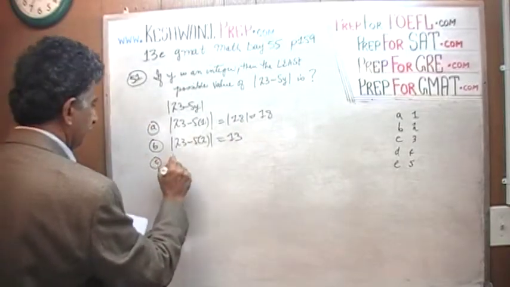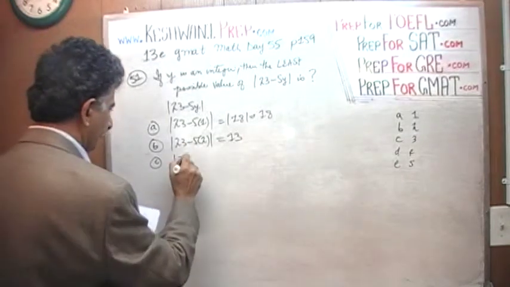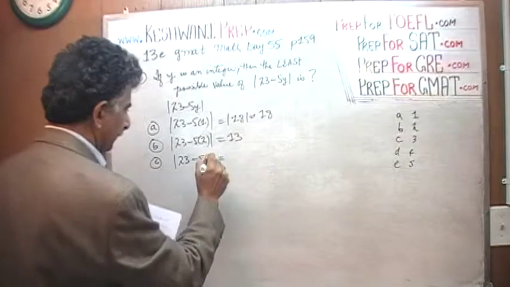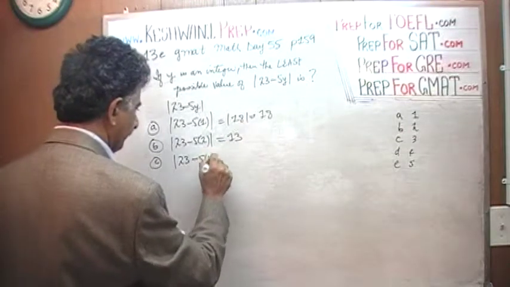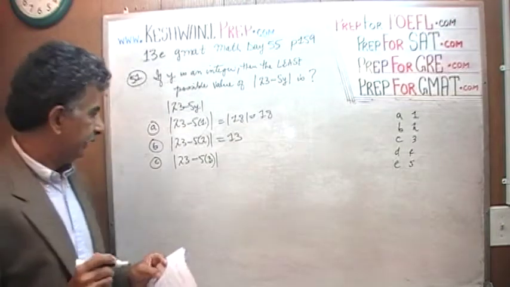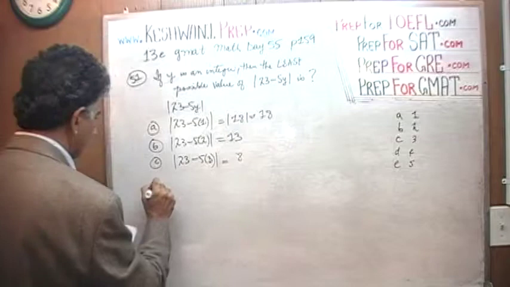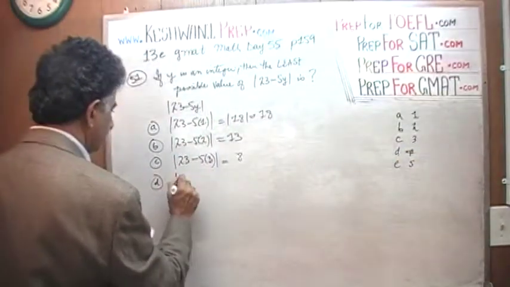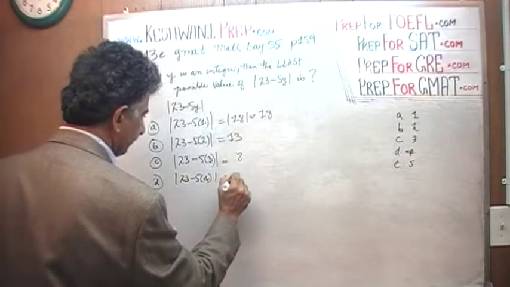And in C, we get 23 minus 5 times 3. 5 times 3 is 15, and 23 minus 15 is 8. And finally, in D we have 4, so it's 23 minus 5 times 4 gives us 3.